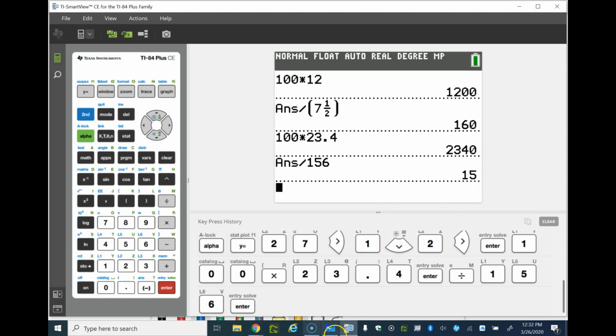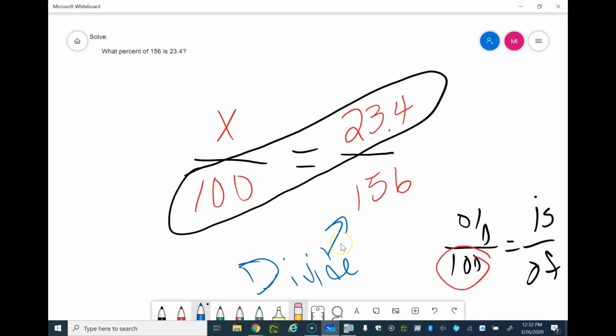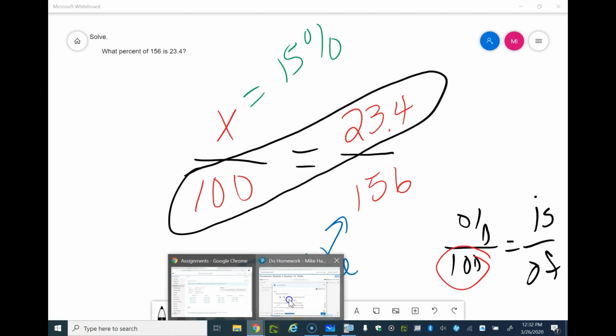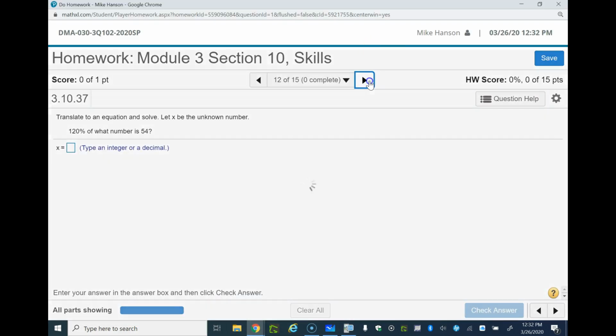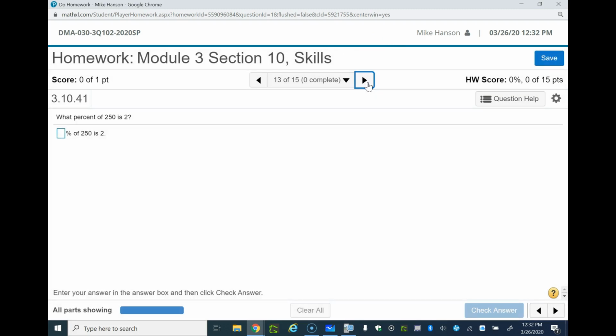So that's one of the great things here. You don't have to focus on remembering, do I need to divide by 100 or multiply by 100? Once you set it up in this format, is over of, the X is exactly what it's supposed to be, and it's going to be 15%. So I think that we should take care of everything in sections 9 and 10 that you need to work on.